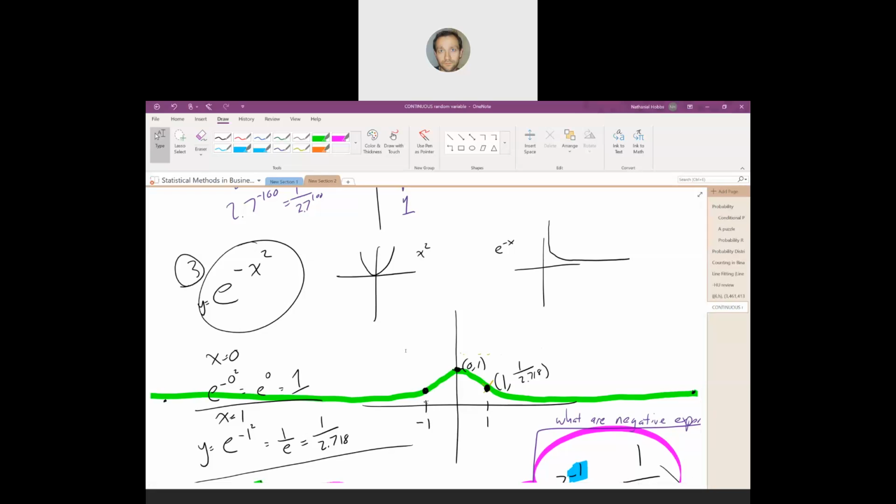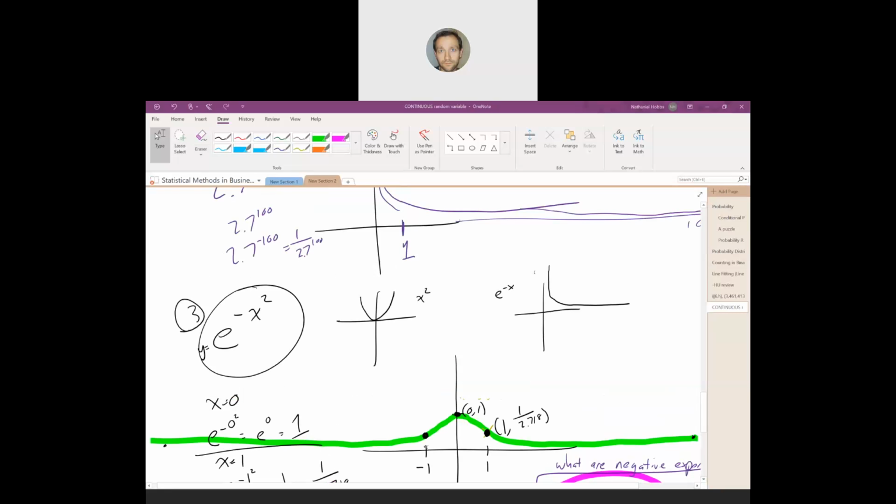So this is what the graph of e to the minus x squared looks like. It looks like this. E makes things go really small when you go far away. But e to the minus x is sort of only in one part of this graph.